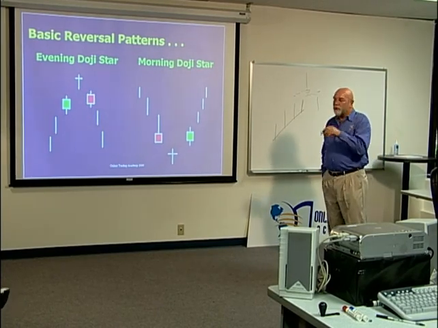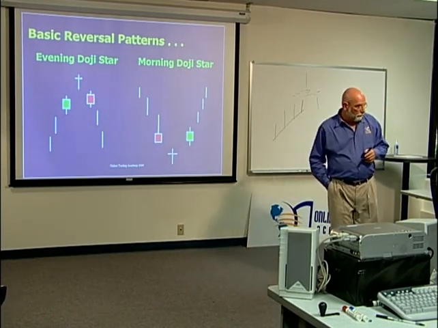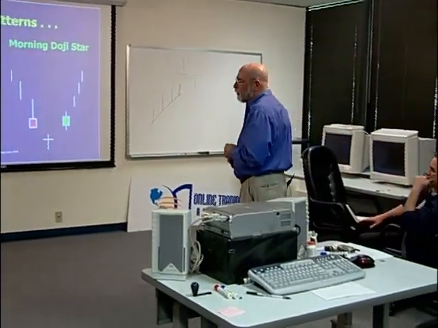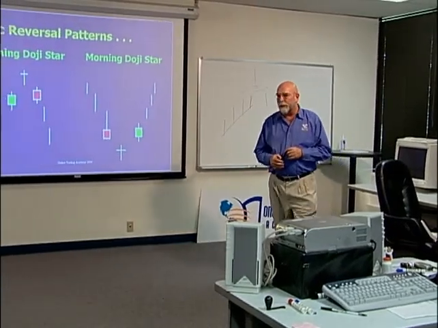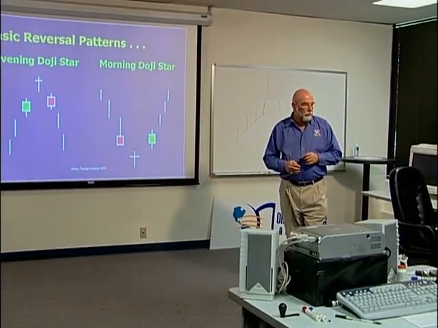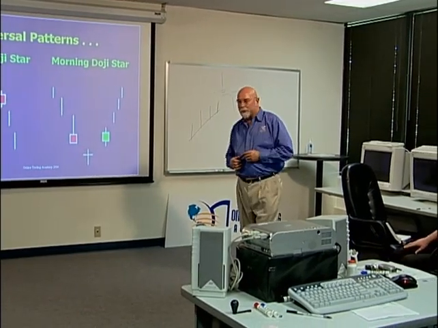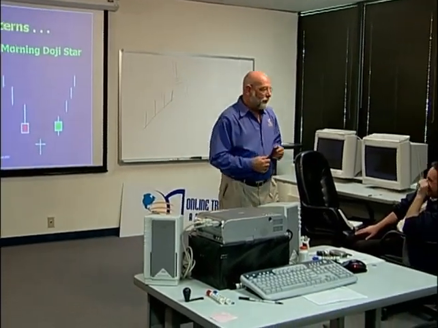So dojis even tend to be more important. You said last time it had 84% probability? 84% probability that the trend will reverse sharply on the next period, okay? That's a pretty good probability. That's pretty high probability, kids. So I don't know that I'd bet the farm, but certainly both cows.